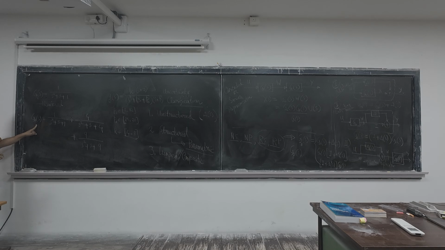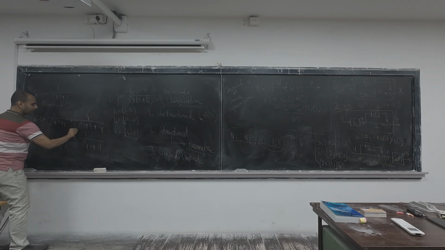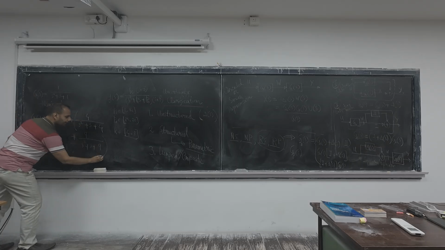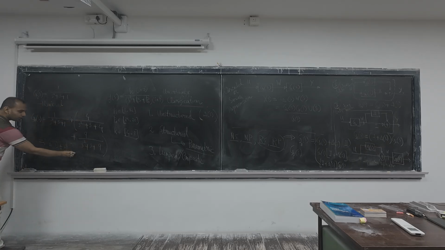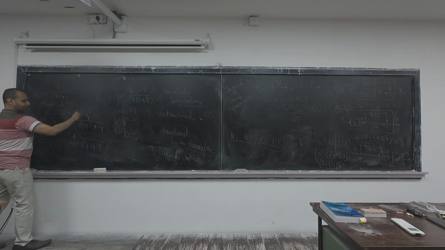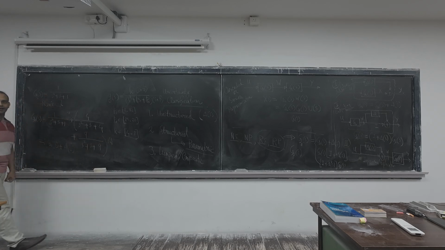This is the actual G delta, which I am representing by G0 of S plus delta of S. This mode plus this mode is actually my delta. This is the nominal plant model, G0, and this whole thing is the delta.